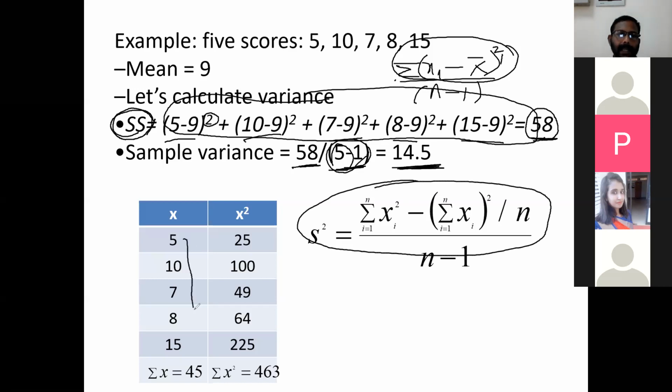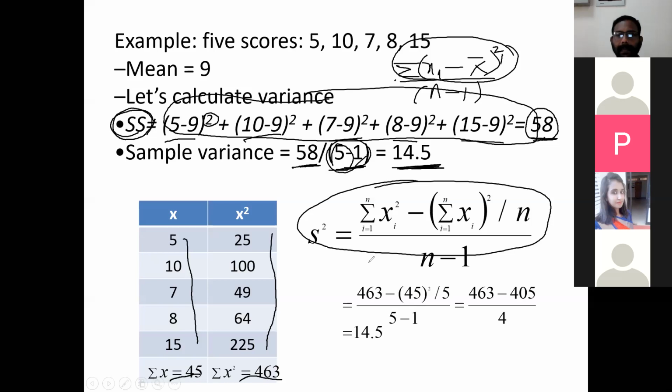So you see the x variable and their squares, you add the values. Summation x is 45, and summation x square is 463. We can use those for the calculation. You will get the same answer.